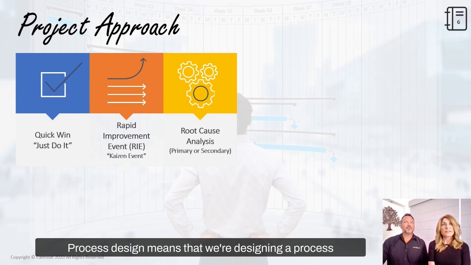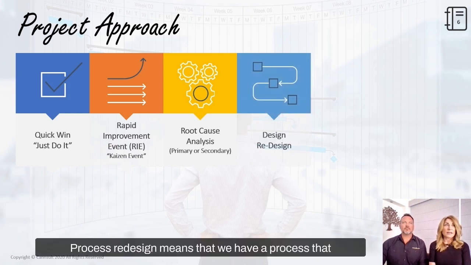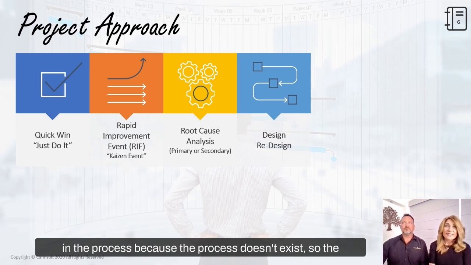Process design means that we're designing a process that does not yet exist. For example, a whole new product or a whole new service. Process redesign means that we have a process that does exist, but it's so broken or outdated that it makes more sense to start from scratch with a redesign. With a design or a redesign, we're not focused on finding the root causes of problems in the process, because the process doesn't exist.